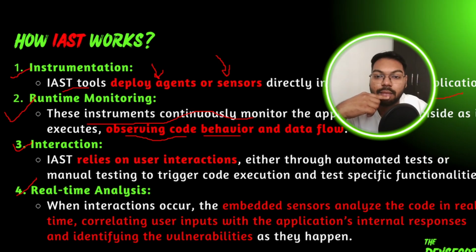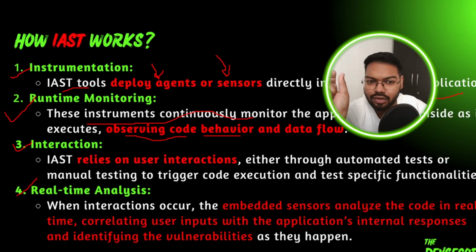It sees the context, it sees the page that you are on, and then tries to attack that particular thing, sees how the data flows and what responses come out, and then analyzes and gives you the results. It would show you exactly that this line of code is behaving in this way, and when I triggered this kind of input, it gave me this kind of response. So that is what IAST looks at. That is what we call runtime monitoring.